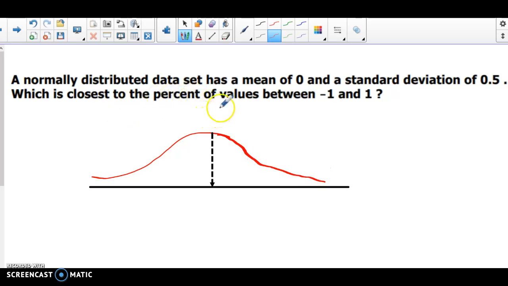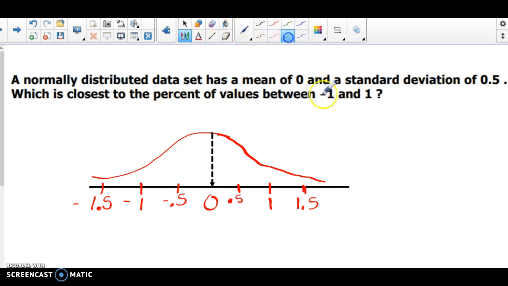There we go. Okay, it has a mean of 0 and a standard deviation of 0.5. So this would be 0.5. This would be 1. And this would be 1.5. This would be -0.5, -1, and -1.5.